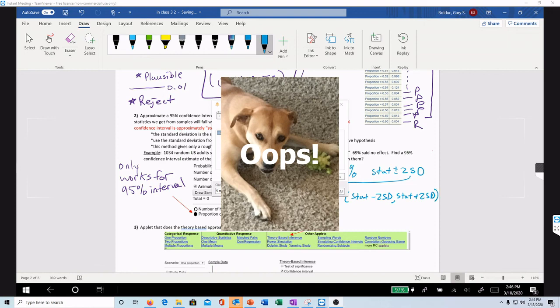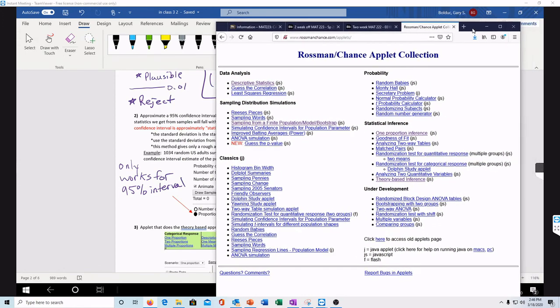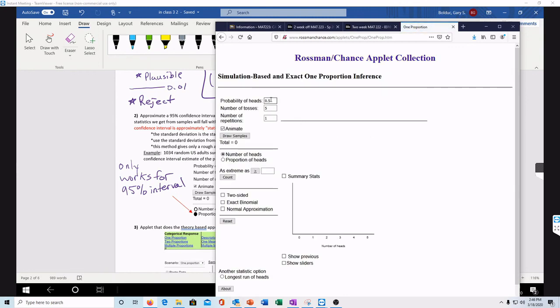So we can do an example of this to show you what things are going to look like. I'm going to go onto this screen. If we go to the 1 proportion inference, we're going to leave it at 0.5 for right now, and we can talk a little bit more about why.